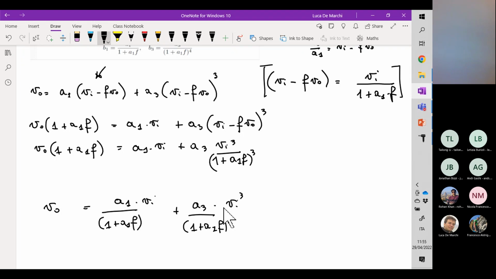So reduction of the DC gain by a factor which is 1 plus T null, T null being this quantity here. And the same 1 plus T null factor is used also to enlarge the bandwidth of our circuit. So bandwidth increases by 1 plus T null, gain is reduced by the same factor.